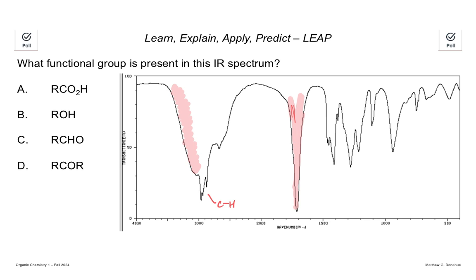I would call that a sharp signal. Sharp because it's going down and then it hits that point and then it goes back up, so it's not really spanning a whole lot of wave numbers.